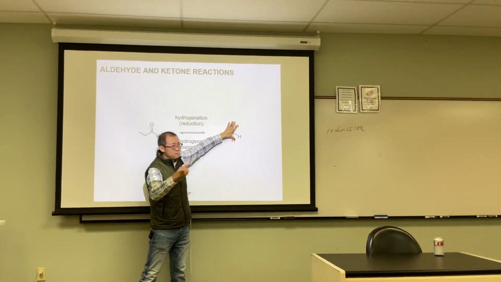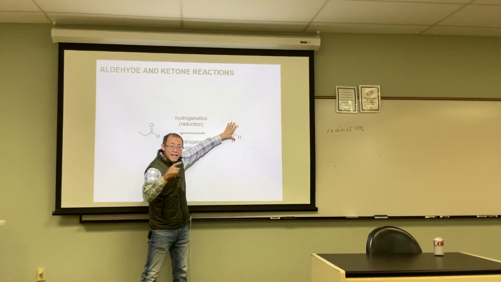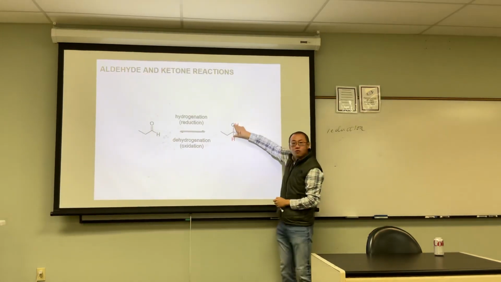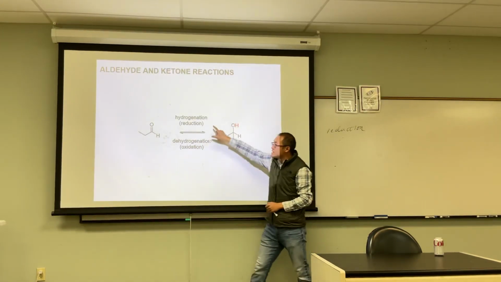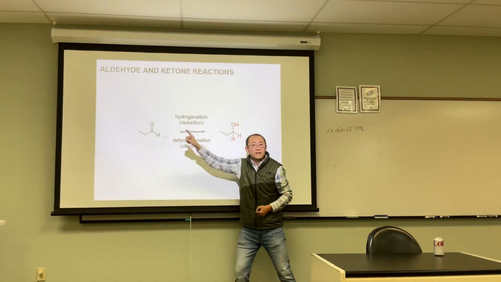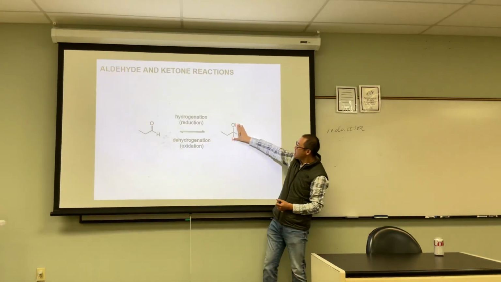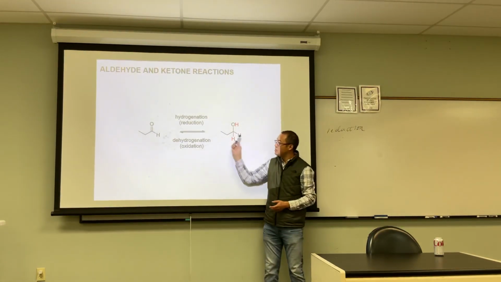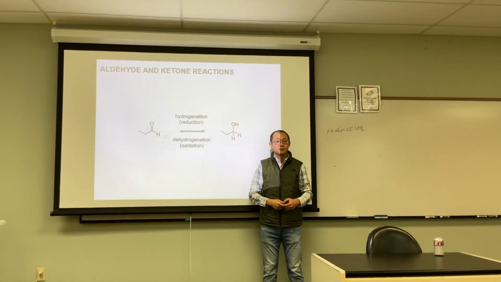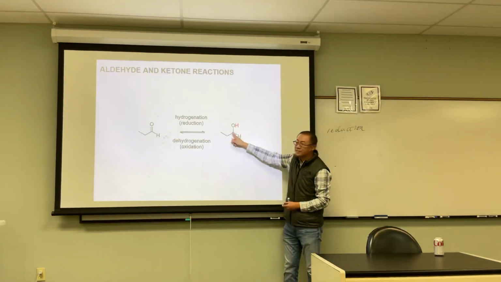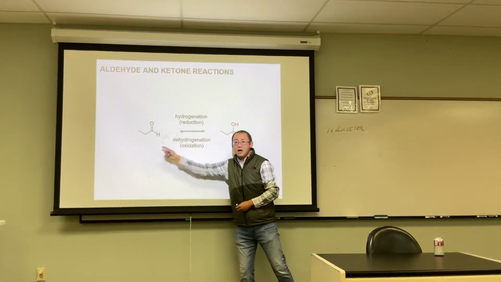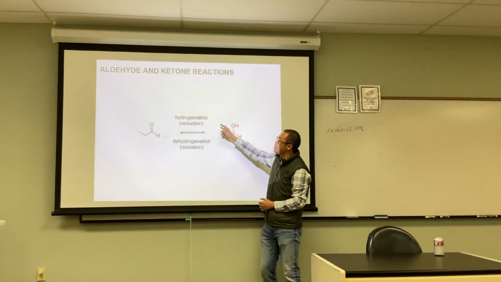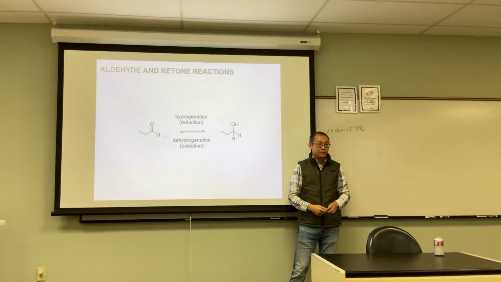But if you remember, both in chapter 3 and in the first page of this lecture, we know an alcohol can be oxidized into an aldehyde or ketone. Is that right? What do we do? Take the hydrogens away and make the double bond. You can see that these two are reverse processes. If you remove the hydrogen, make a double bond, we call that oxidation. If you take away the double bond, add hydrogen, we call that reduction. A reverse process.